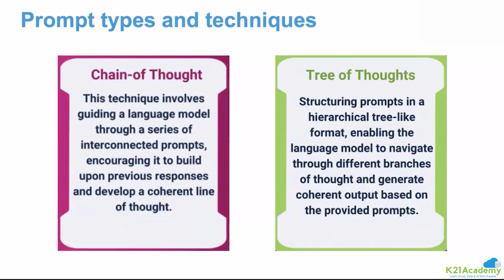In chain of thought, it is like a language model where you can ask one question of the prompt and then generate the next question, something like that. You can combine them, and even chain of thought can be of type zero shot and few shot. Then there's tree of thoughts. Now, what are these things?